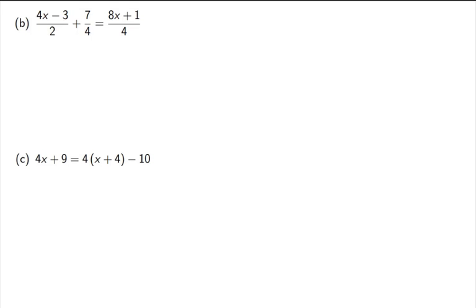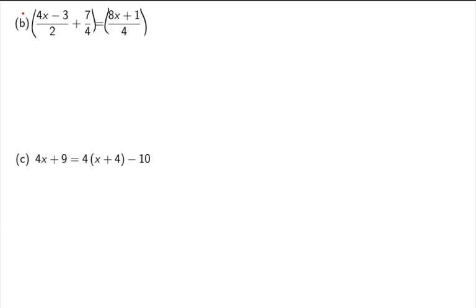Next example. For this one, we have some denominators that are numbers. And it would be nice to fix this. So what I'm going to do is multiply both sides by the least common multiple of my 3 denominators. So if you look at these values, you say, what's the least common multiple of 2, 4, and 4?